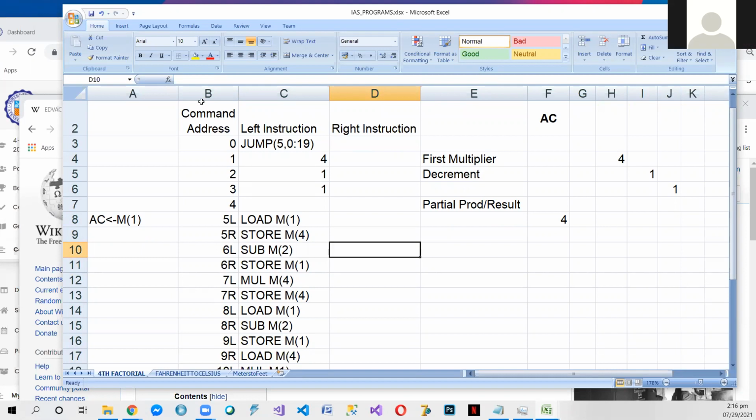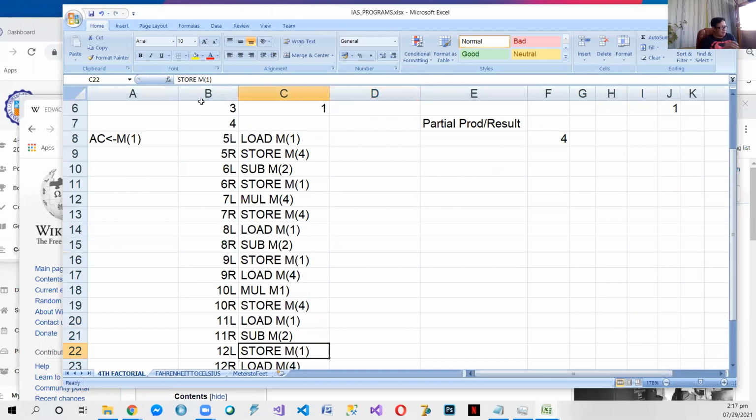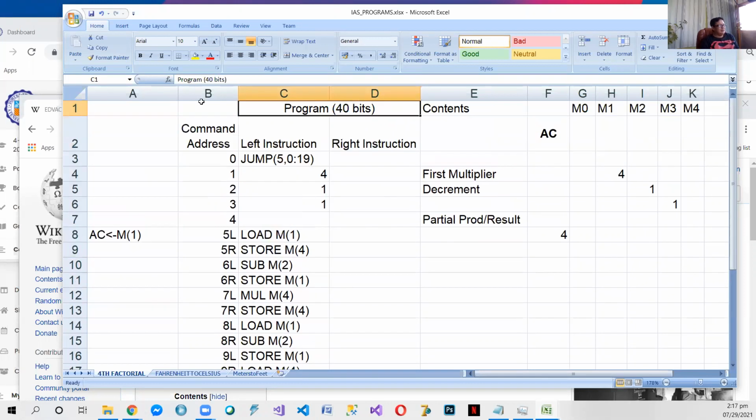But the sequence, the linear sequence, that's the difficulty with the IAS because it's not straight vertical. It has horizontal because it has left and right. But when you write programs, you don't write programs horizontal, right? You write programs vertical. The first command followed by the second, followed by the third.